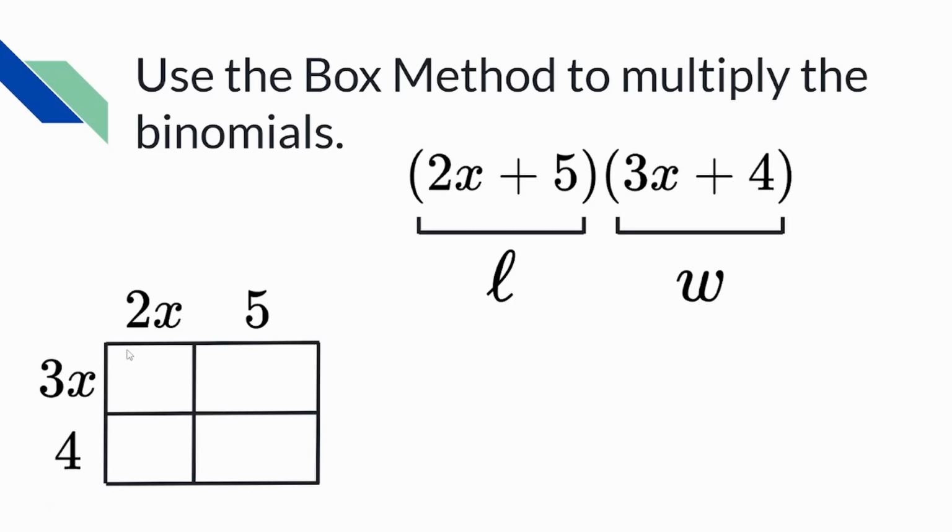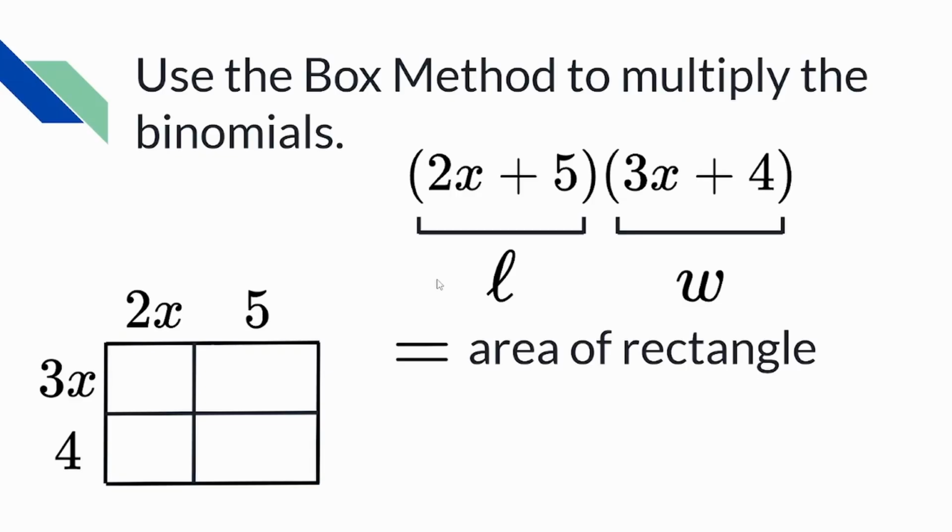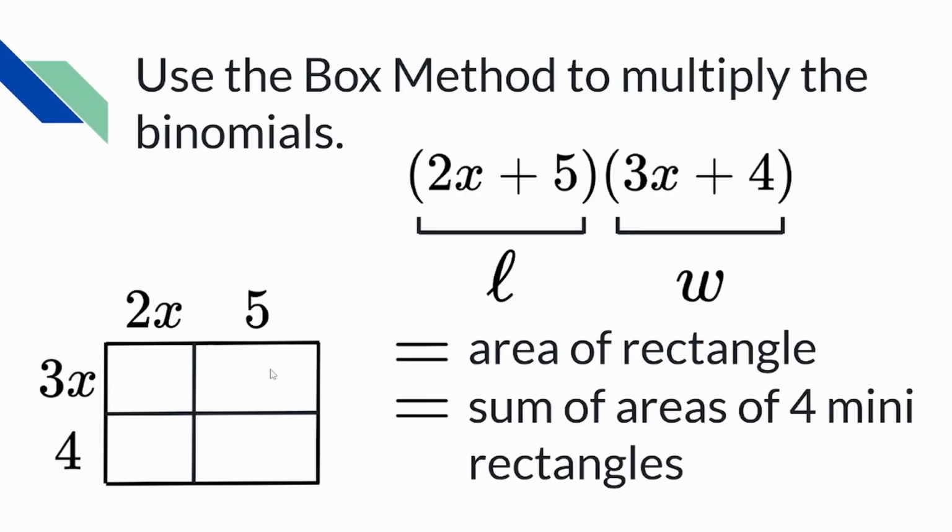So 2x plus 5 is the length of this rectangle here, and 3x plus 4 is the width. To find the area of a rectangle, we know that we just multiply length times width. So when we multiply 2x plus 5 times 3x plus 4, we're finding the area of this rectangle. Okay? And the area of the rectangle is actually the sum of the areas of these four mini rectangles.